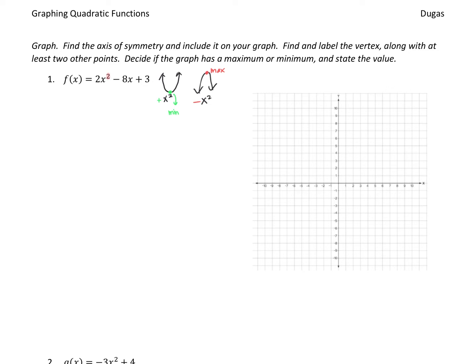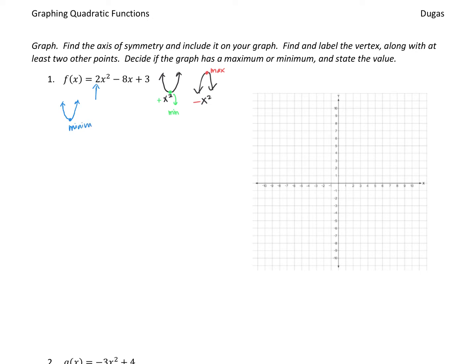So keep that in mind as you start. Let's look at our example. We have a positive 2x squared. Because this 2 is positive, we know that we're going to have a parabola that opens up, and it's going to have a minimum value.